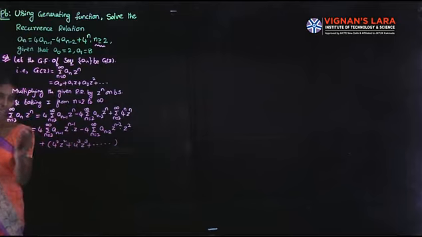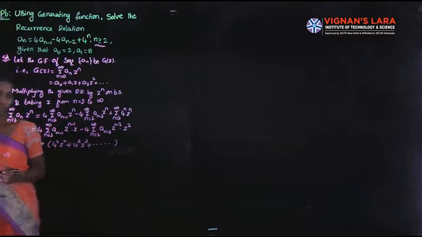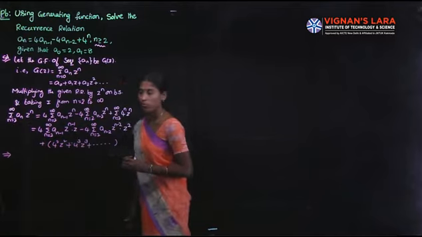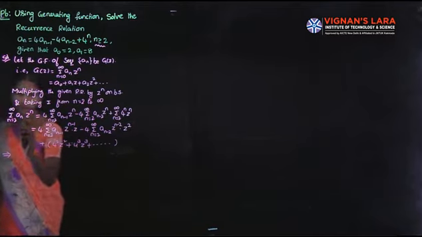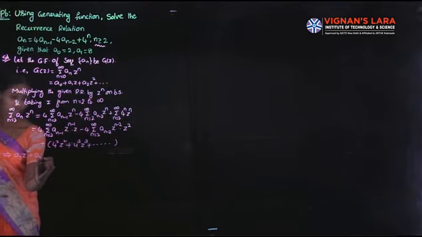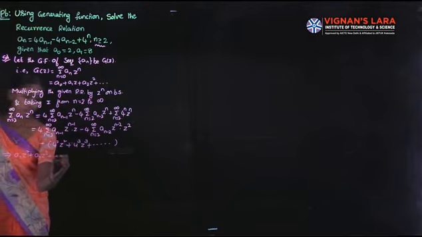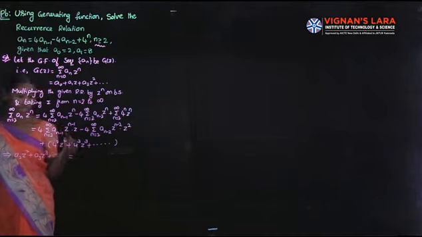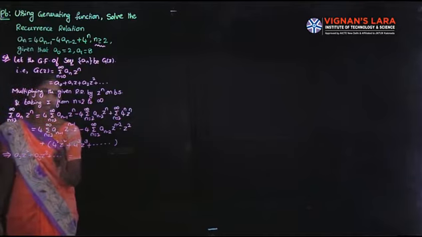Now expand the LHS term. Put n equal to 2: a2 z^2, a3 z^3 and so on is equal to the RHS side.